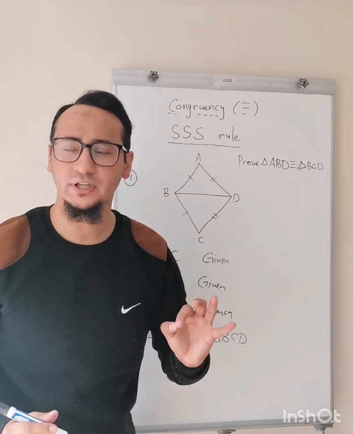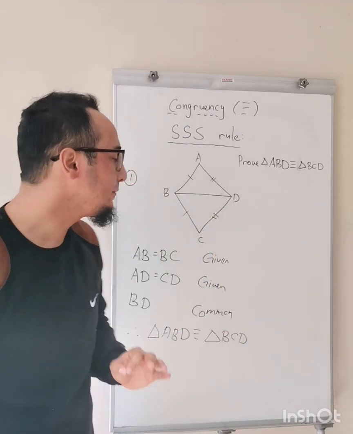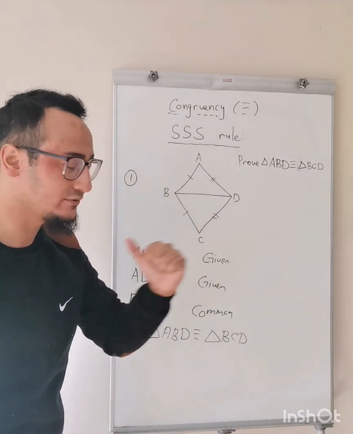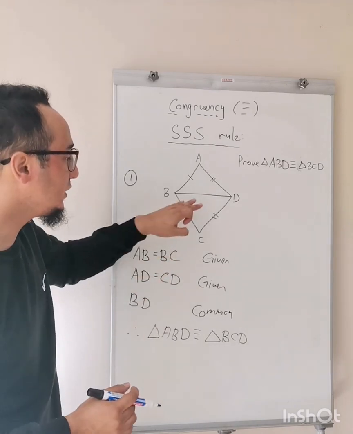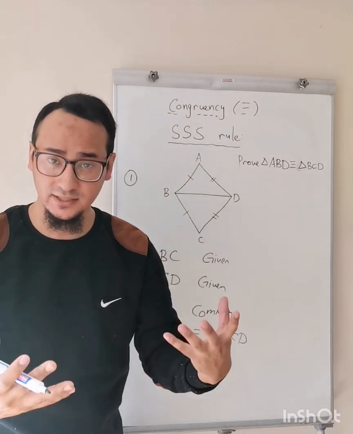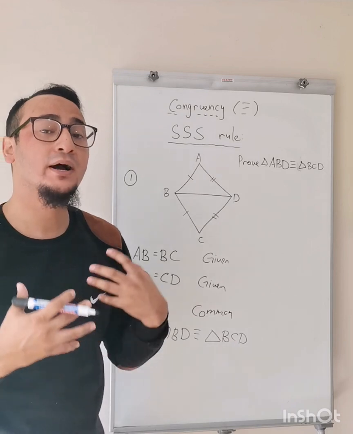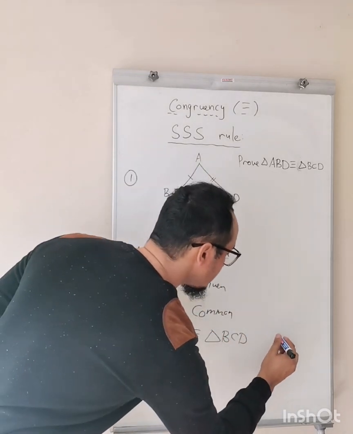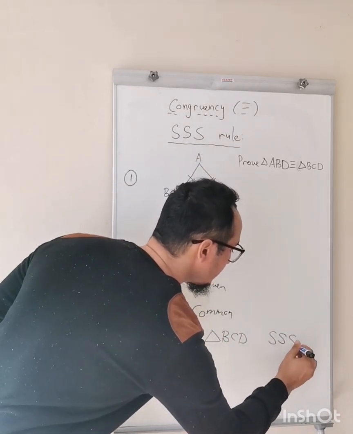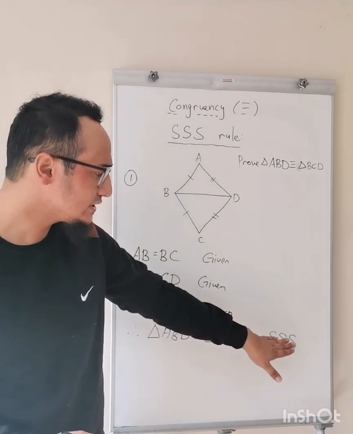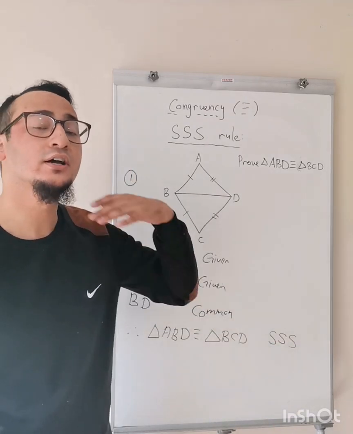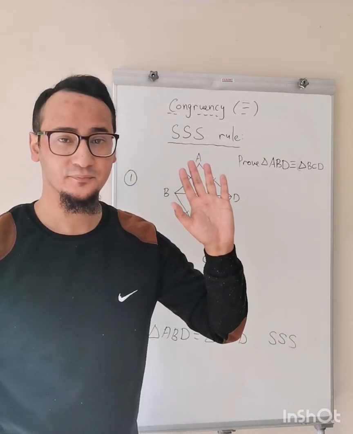How did I prove it? In other words, what did I prove? I proved that the three sides of the one triangle are equal to the three sides of the second triangle. Therefore, my rule would be the side rule. In other words, I proved that three sides are equal to one another.